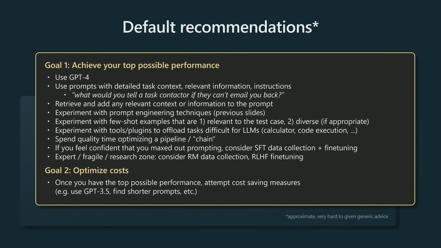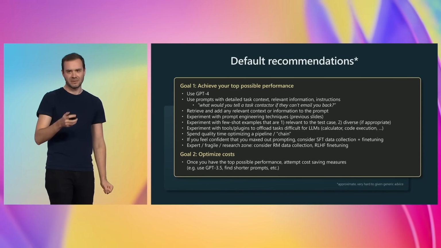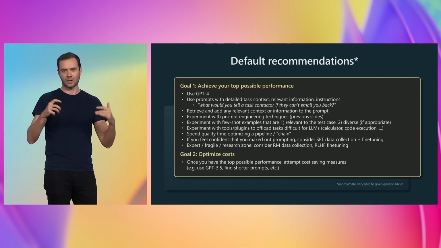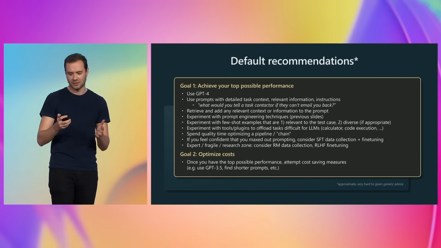And then there's an expert fragile research zone here, and I would say that is RLHF, which currently does work a bit better than SFT if you can get it to work. But again, this is pretty involved, I would say. And to optimize your costs, try to explore lower capacity models or shorter prompts and so on.